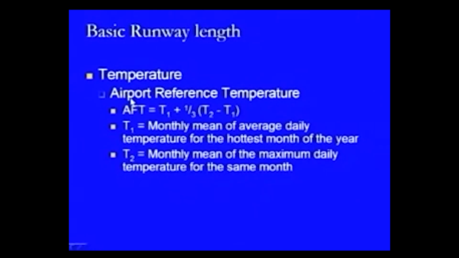Here, in the case of the airport reference temperature, that is ART, it will be T1 plus 1/3 of the difference between T2 and T1, where T1 is the monthly mean of average daily temperature for the hottest month of the year, whereas T2 is the monthly mean of the maximum daily temperature of the same month. So, this is how we define T1 and T2. We have the mean of the average and the mean of the maximum, and then we use them to compute the value of ART.